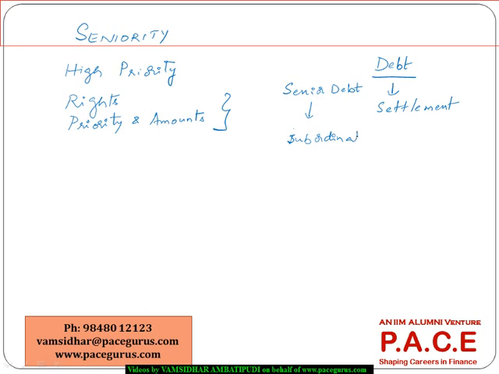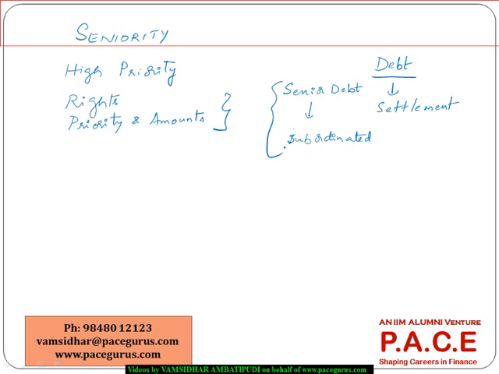So within these debt instruments there is a classification, and depending on where a particular instrument gets categorized, the risk associated with that instrument gets determined.